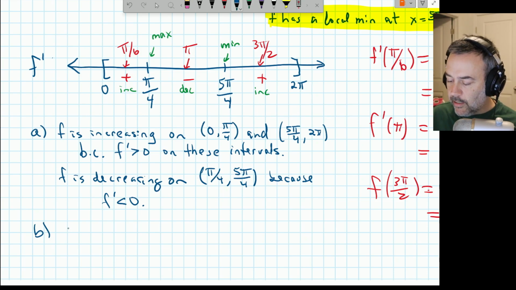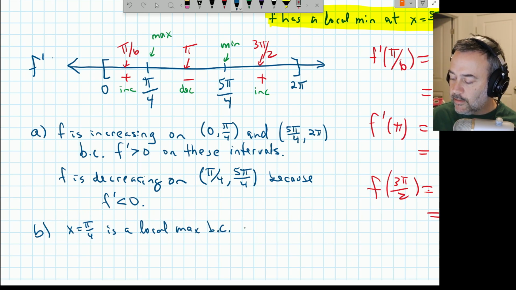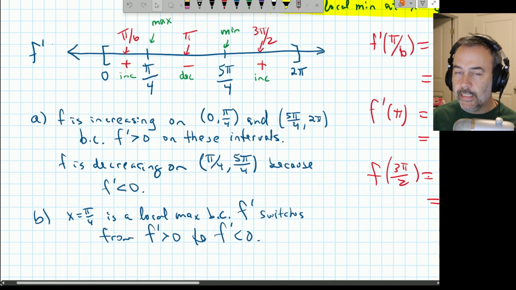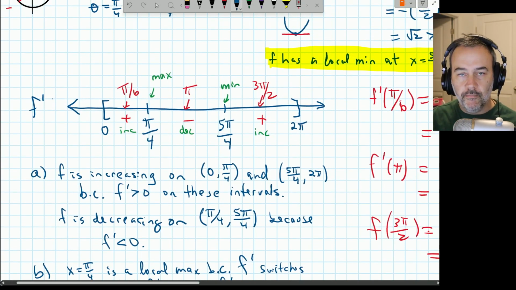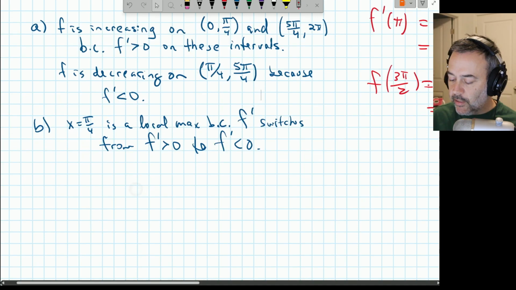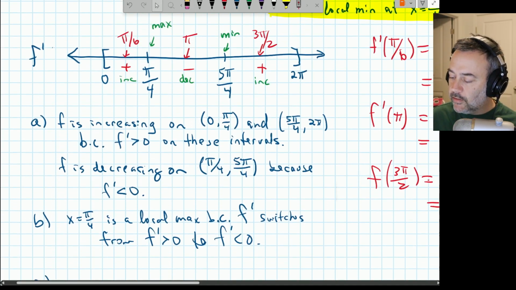So x equals pi over 4 is a local max because f prime switches from positive to negative. And I could do the same thing for 5 pi over 4 with a similar statement.